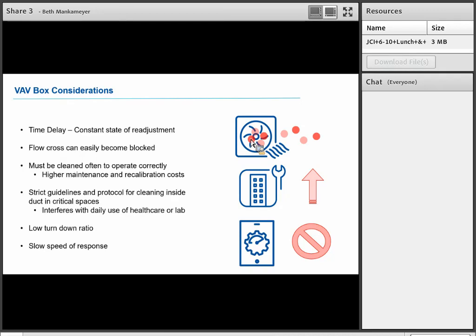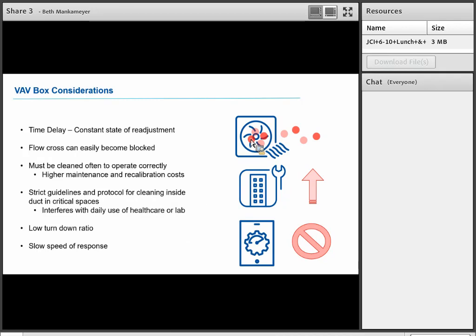So because of that, it must be cleaned often to operate correctly. And so you're going to have higher maintenance costs. You're going to have people go in and clean those in order to operate accurately and effectively. And what you might also have to do, since there are sensors involved, is recalibrate some sensors or replace some sensors because sensors do drift over time.